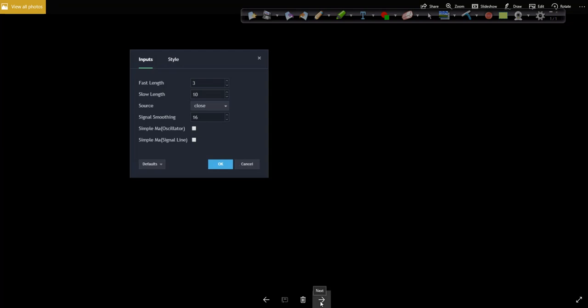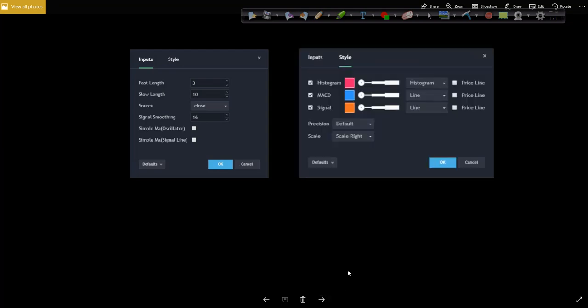And then again here, we come to the style parameter, and it's just the same. All of a sudden, we have 3 things that can be colored. We had 3 parameters going in. One is called the histogram, and obviously they default that to a histogram. One is called the MACD, which, well, what is that versus the signal?